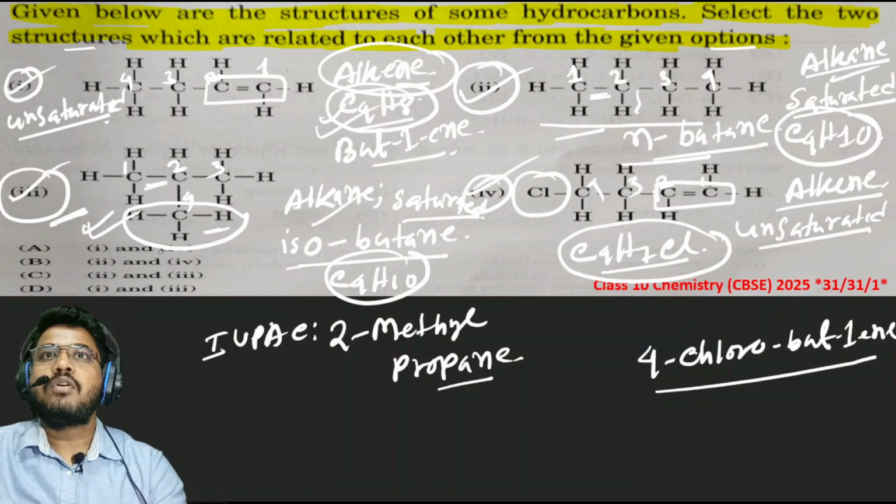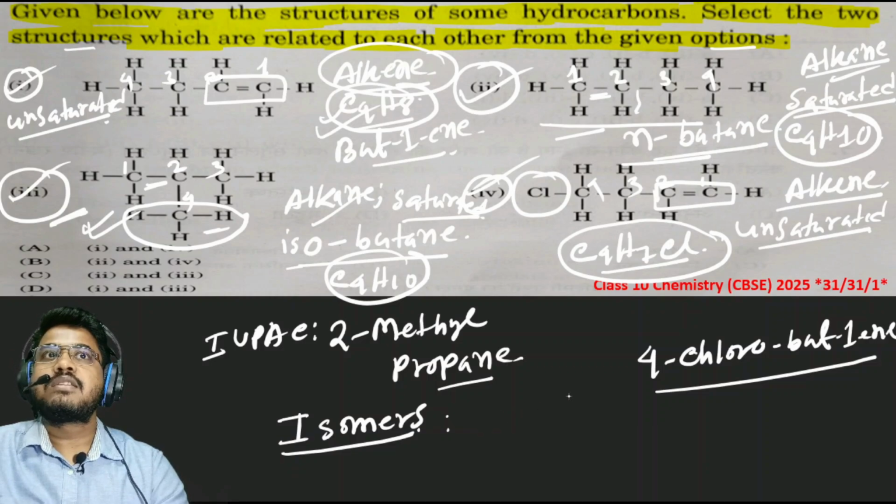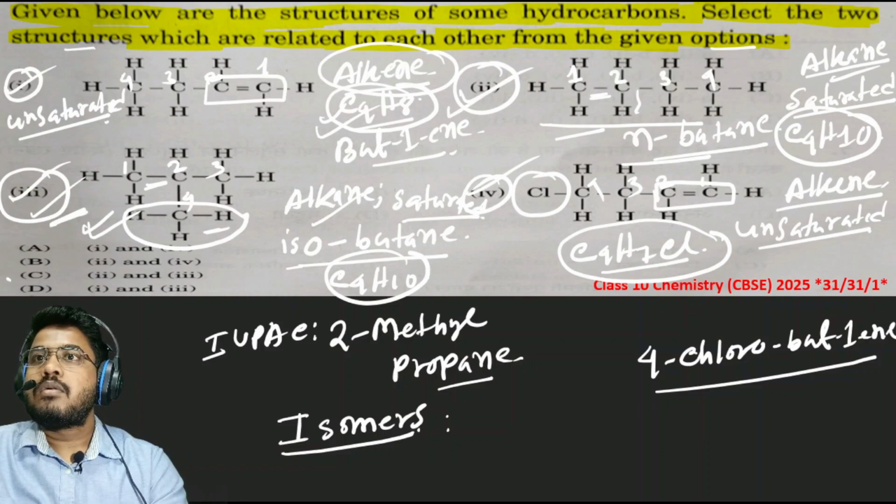Okay, therefore we can say that these two structures are isomers, because they have the same chemical formula but different chemical structures. Okay, so option number 2 and option number 3 is the right answer. So these two structures are related to each other.